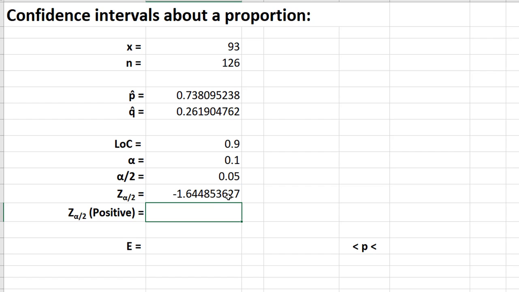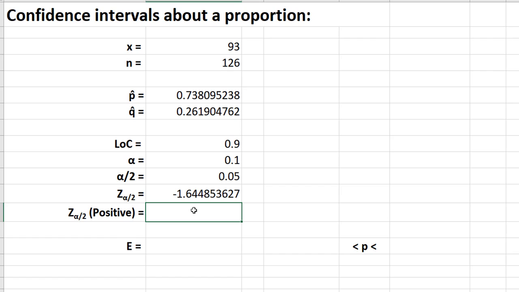Now that gives me a negative value, which I approximated in the wording as 1.645. But if you see 1.64485, this 4 would round up to 5. But again, this number is negative, so I am going to make it positive. In other words, I really just want the positive result, so I take the absolute value.